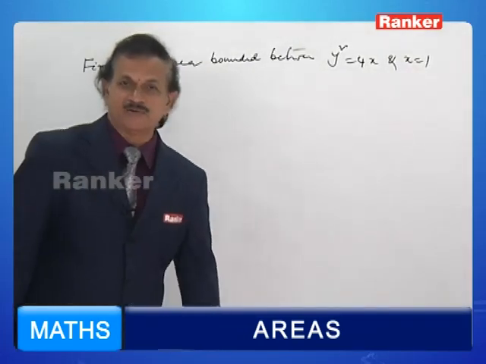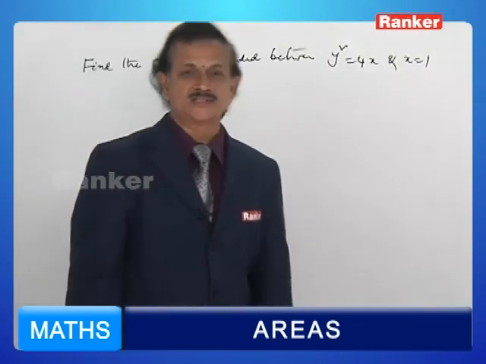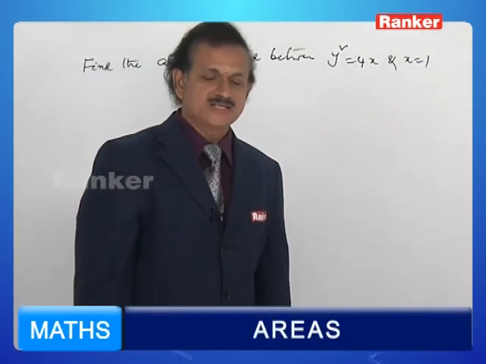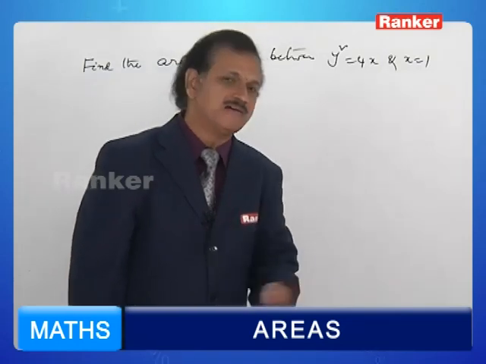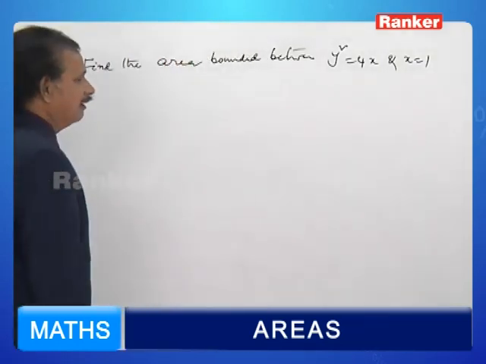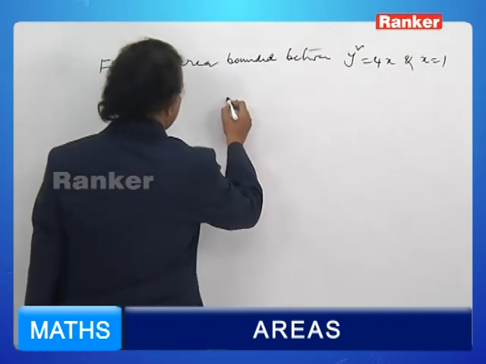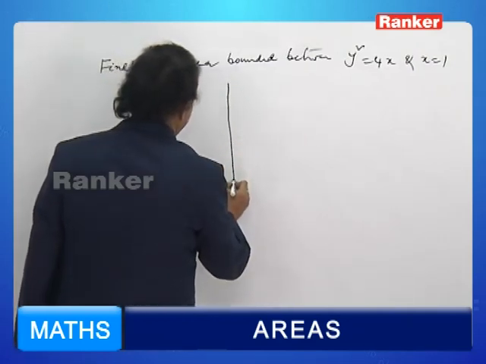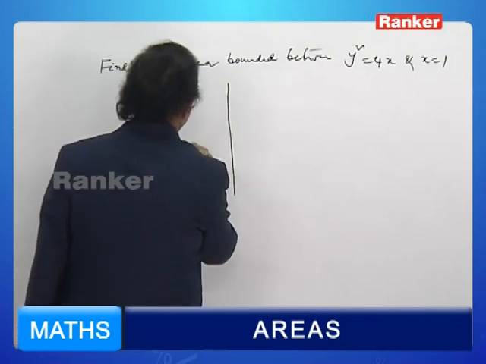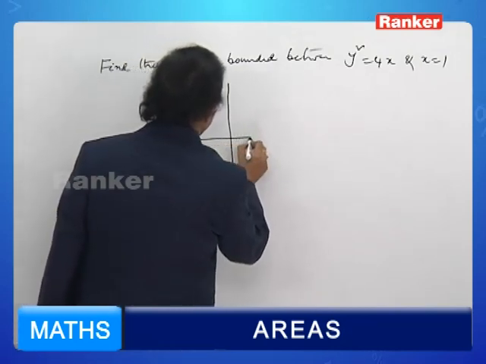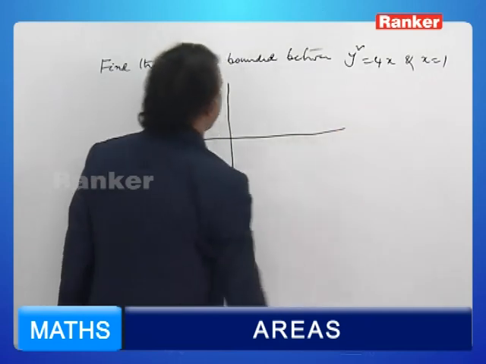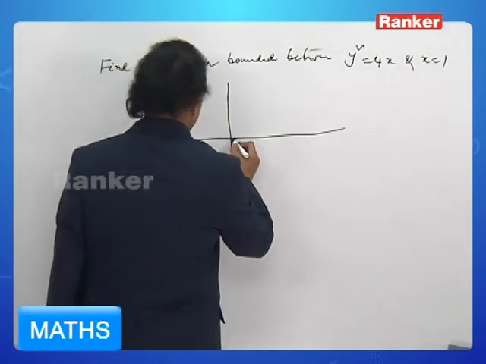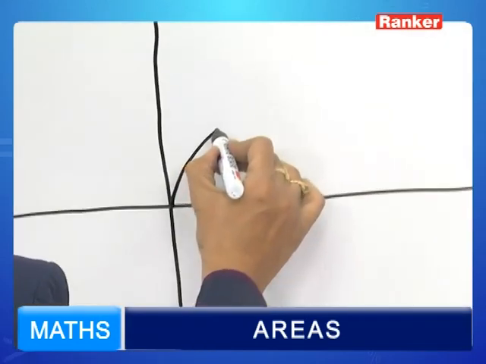Another standard question which we will be looking at. Find the area bounded between y square is equal to 4x and x is equal to 1, which we have discussed previously. Let us estimate its answer and the way of finding it. First of all, what is the curve actually given? y square is equal to 4x is a parabola having symmetry about the x-axis.